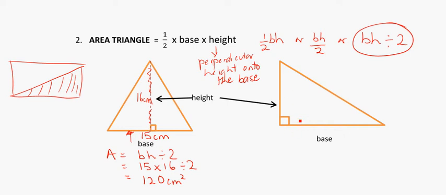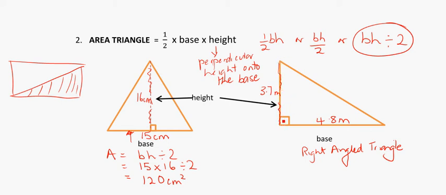Now here's a right angled triangle. In that case, let's say the base is 4.8 meters, and the height becomes one of the sides, so 3.7 meters. Here's your base, look over to the opposite vertex, here's your height coming down here.